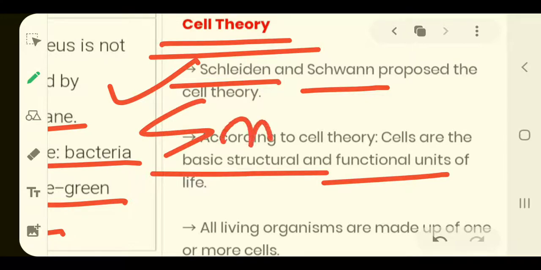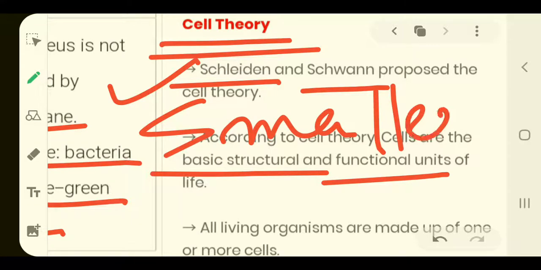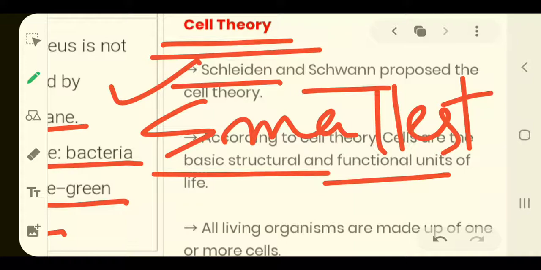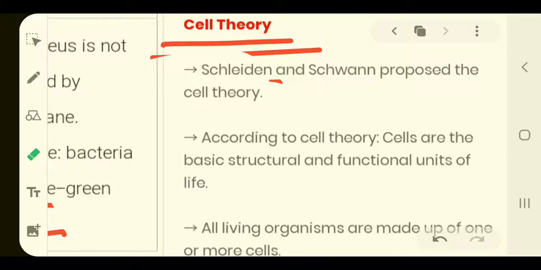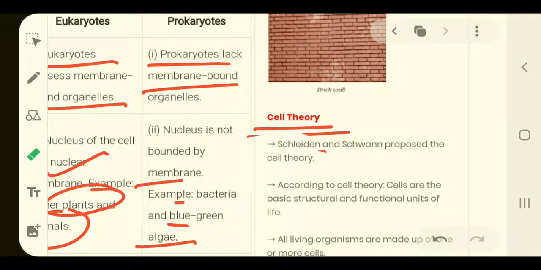That is the first component of cell theory. And then all living organisms are made up of one or more cells. So these are the components of the cell theory given by Schleiden and Schwann.